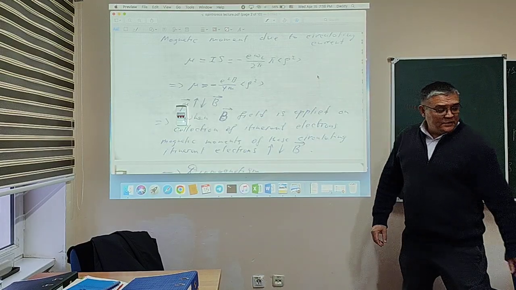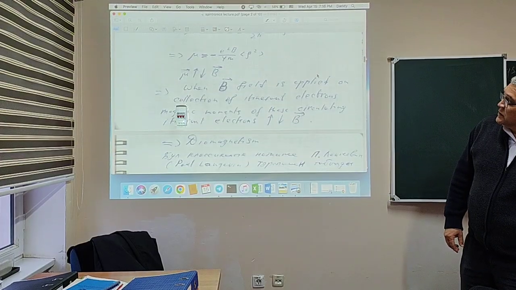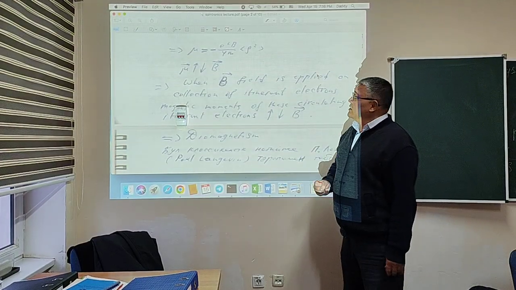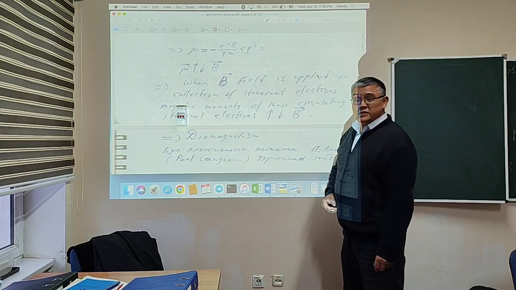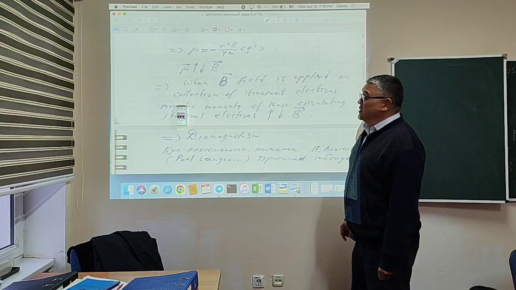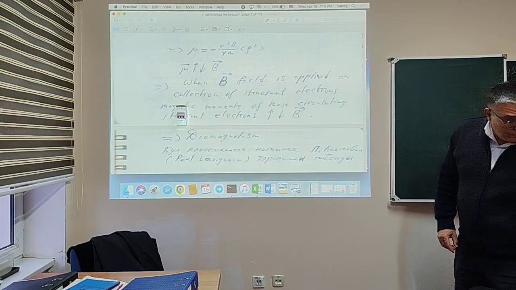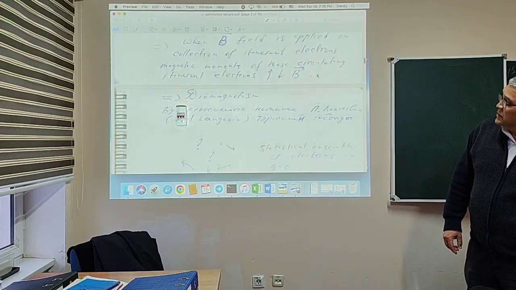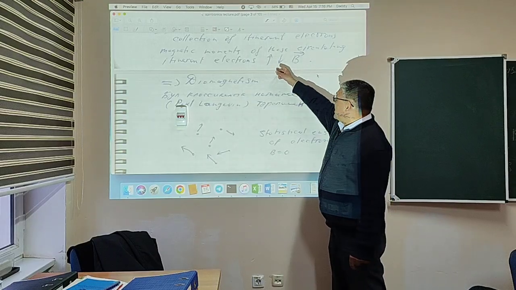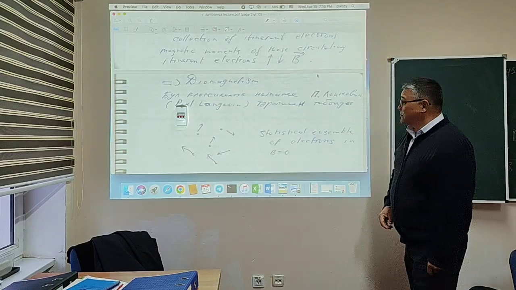From this we can see that the magnetic moment mu and the magnetic field B are vectors, and they are opposite to each other. This shows us the emergence of diamagnetism, because here the magnetic moment is opposite to the magnetic field B.